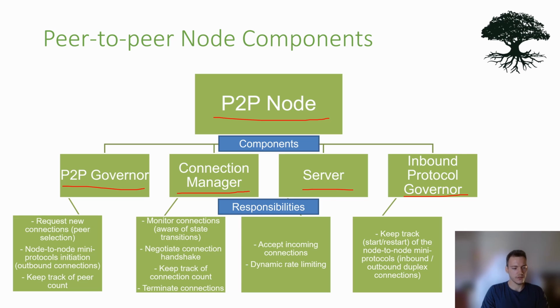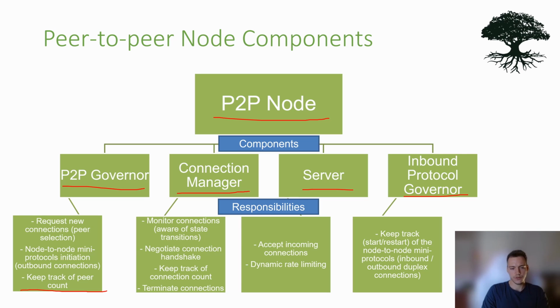That's a peer-to-peer governor responsibility in the peer-to-peer mode. And it also keeps track of the peer count, to try and keep the number of peers that we defined in the configuration of the node.